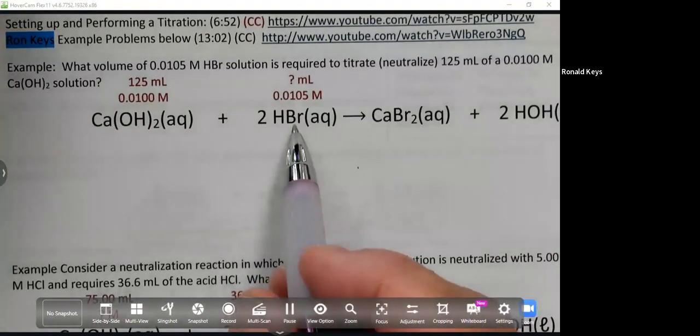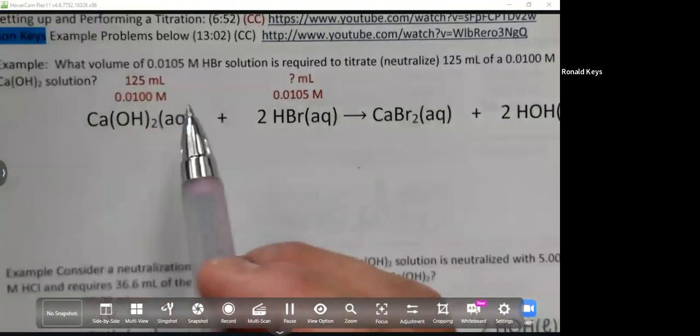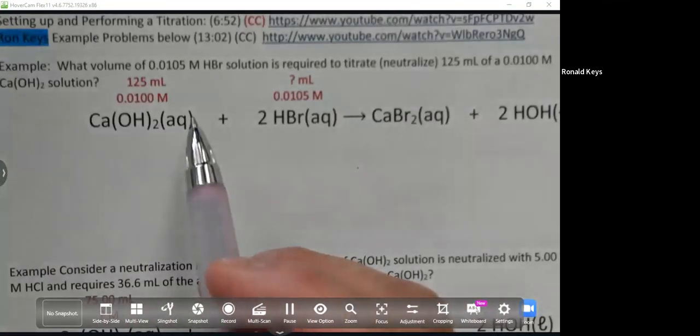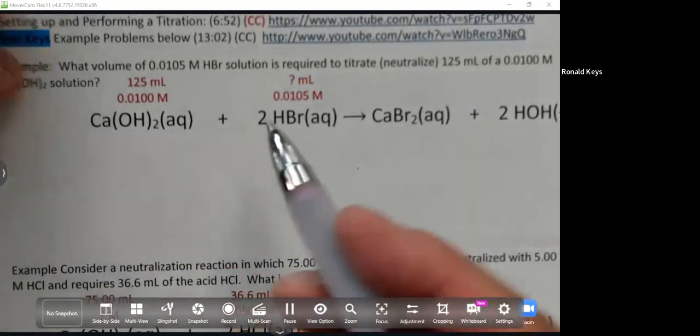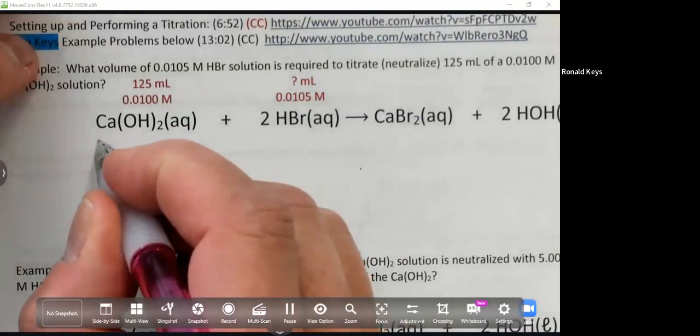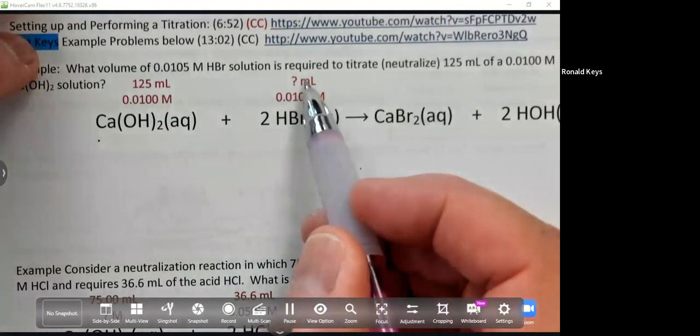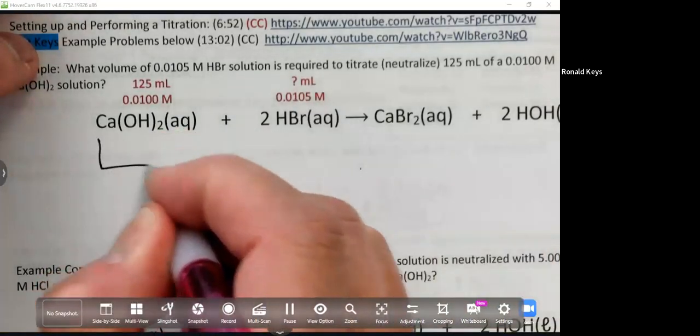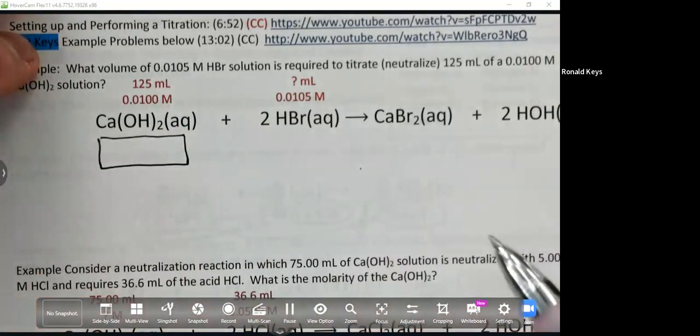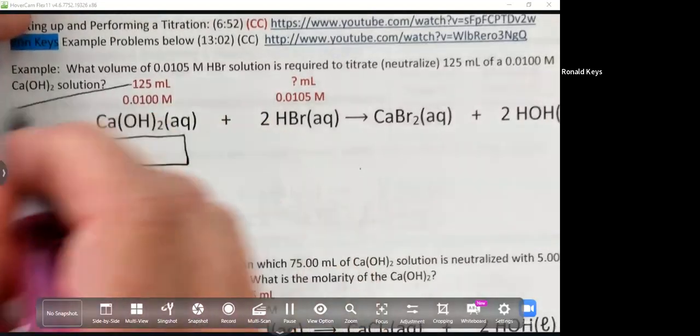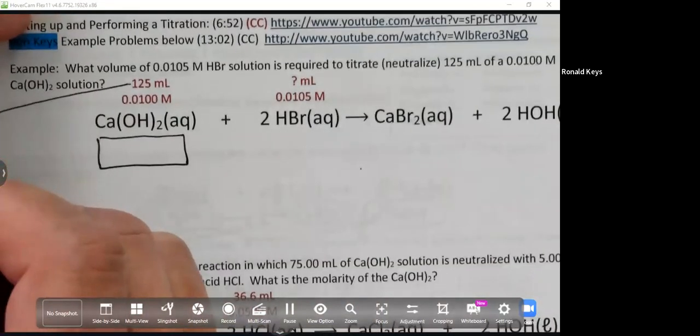So these are quick and easy problems because you don't even need to look at your periodic table. You do not need anything in grams. So the very first thing we're going to do, we're looking for milliliters here. We're going to get moles. So to get moles here, we're going to start with our single unit number.